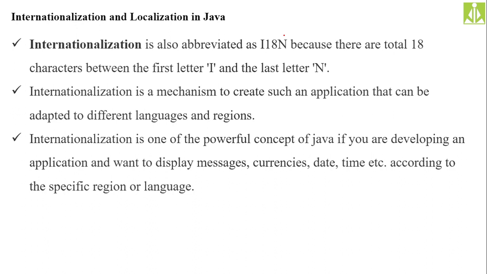So internationalization can also be abbreviated as I18N. If you see, between I and N we have a total of 18 characters. Internationalization has 18 characters between the first letter I and the last letter N. So that's the reason instead of calling it internationalization, you can even call it I18N.